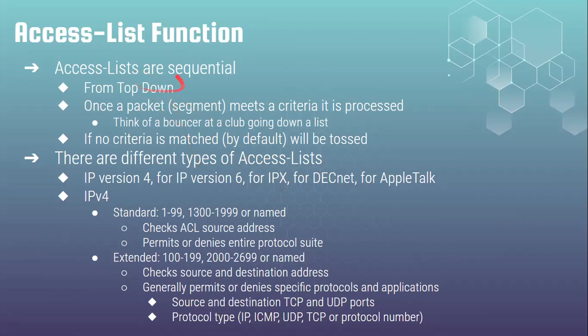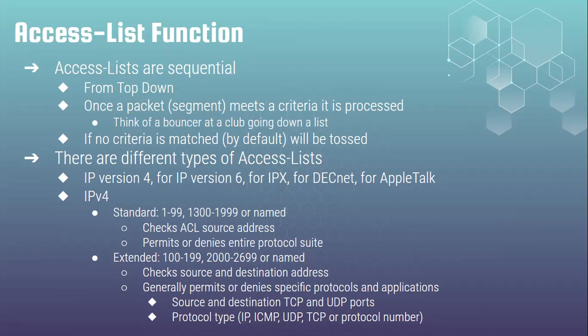So the takeaway here is access lists are sequential. When you hit a criteria, it processes the packet and moves on. All right, it stops the list. It doesn't process the entire list for every single packet. The moment a criteria is hit, that packet is processed and moved or denied based off the instructions. The access list is top down.